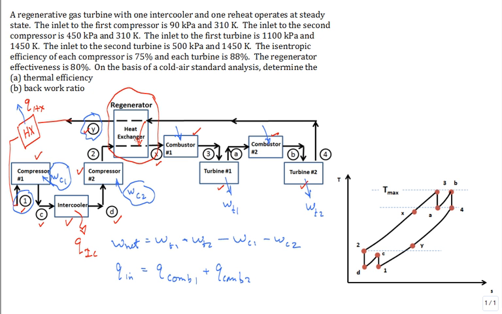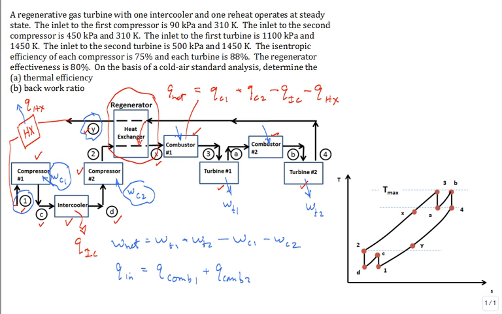Nothing with the surroundings. So in the Q net for the cycle, there are 4 things that you have to deal with. You have to deal with Q combustor 1, that's in, Q combustor 2, which is in, minus Q intercooler, minus Q of that other heat exchanger. And that'll give you Q net into the cycle.